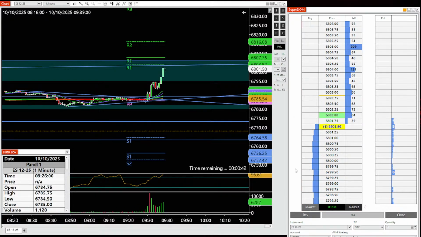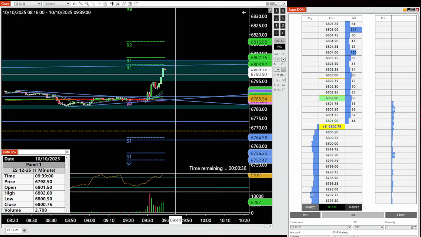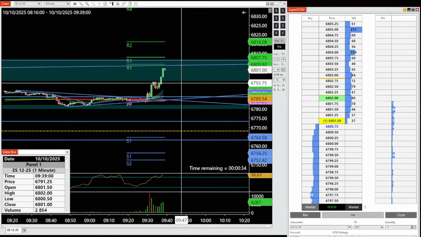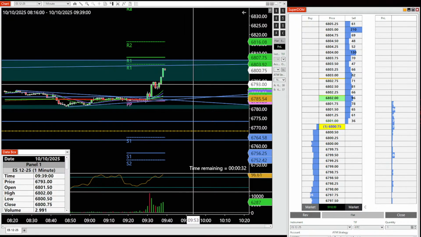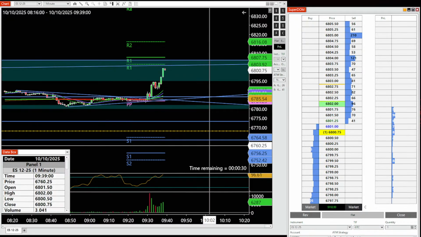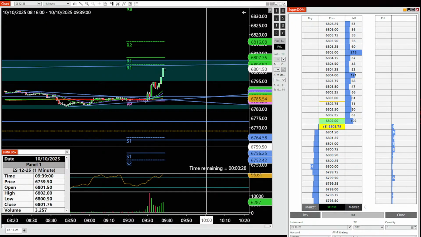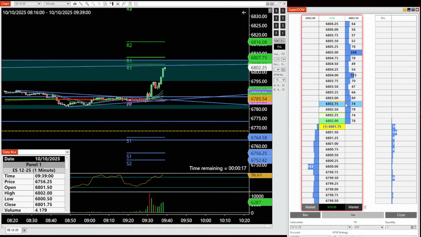I'm not taking this short up here. I'd rather wait for a pullback, see if it consolidates a little bit, and it may move higher. This yellow line right here is prior open.